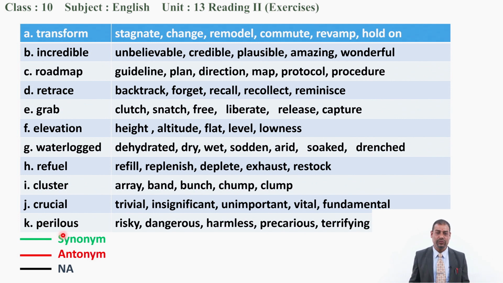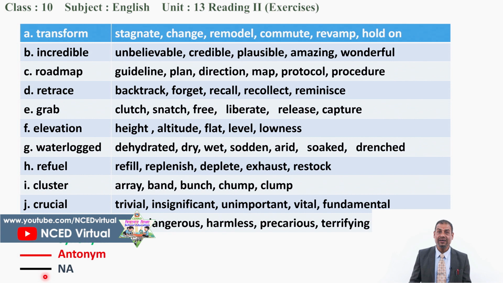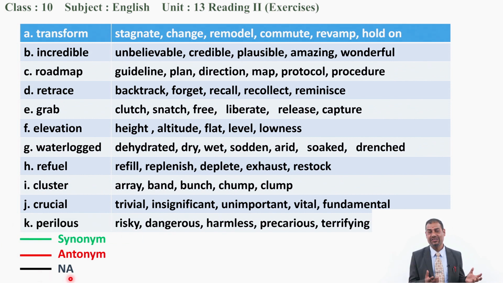Here I just want to show you with the green line, it means synonym, with the red line, it means antonym, and with the black line, that means not answered, maybe, okay. So that it will be easier for you to write in your table.